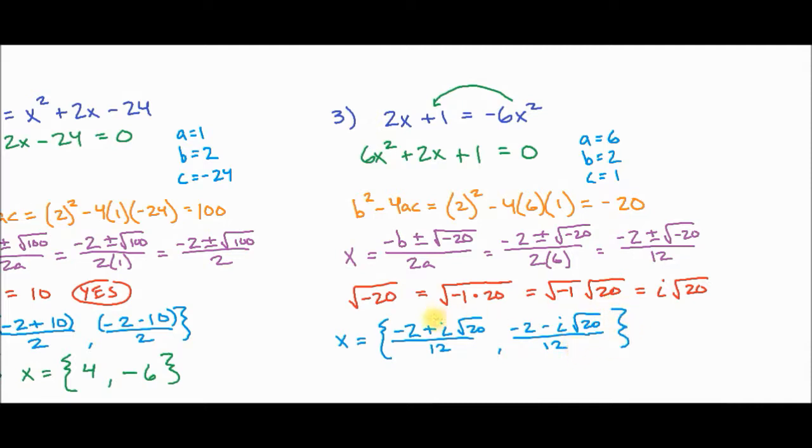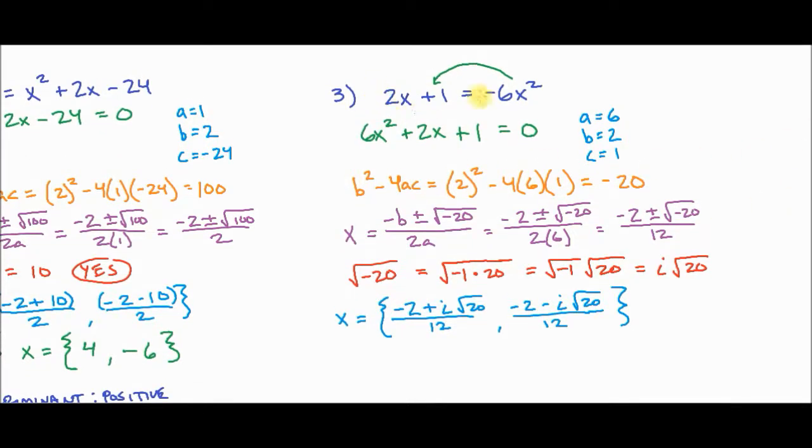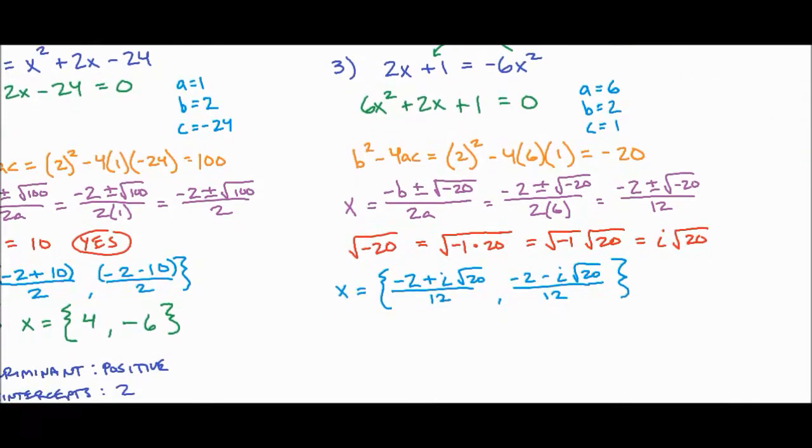Now these two solutions, class, we can't put them in our calculator. In fact, if you graph this parabola, you'll find that this parabola never crosses the x-axis. And that's what a negative discriminant tells us. So I would accept this as a final answer. There is one more way we can simplify this, but let's not do that. Let's just leave it the way it is.